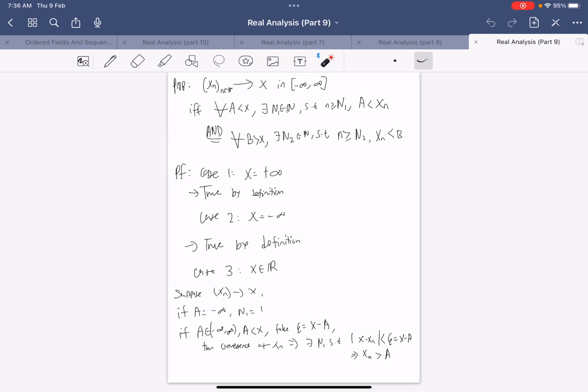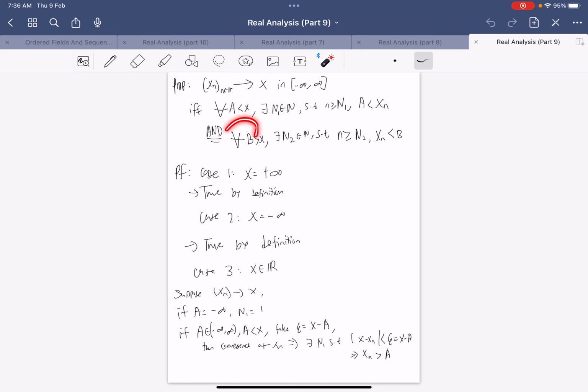And so really the last proposition that we shall prove in this video is that we want to show when a sequence actually converges in the extended real number system. And instead of just saying that it does converge, we want to characterize it. And so the characterization is this. It has the property that for all a's less than this limit x, there will be infinitely many points in the sequence larger than a.